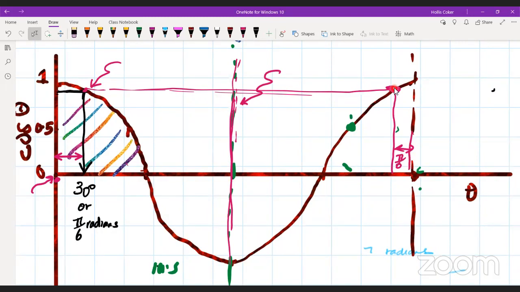Because I didn't draw the diagram properly, it's not looking the same, but let's say this distance here will be pi on 6 radians. You with me? Yes. Because this distance and that distance will match up perfectly, as you draw a line from here straight across to hit here.